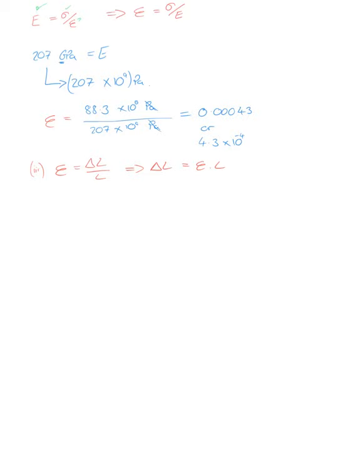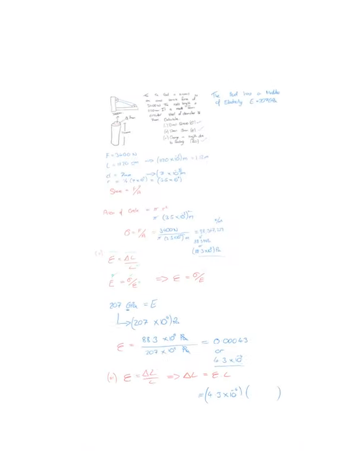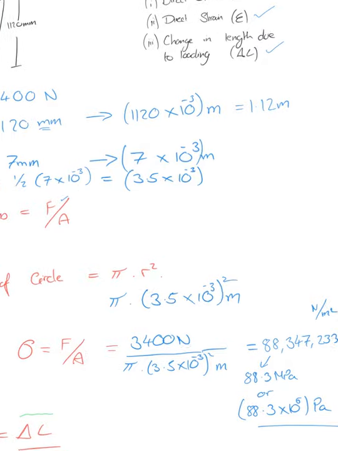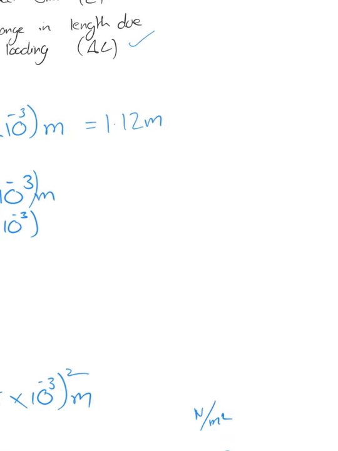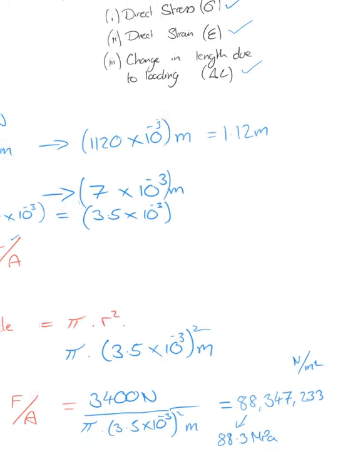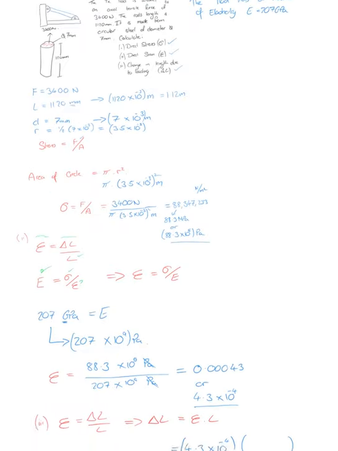So my strain value is equal to 4.3 by 10 to the power minus 4. There's no unit. My length was given to me in millimeters, 1,120 millimeters. I changed that to meters by multiplying by 10 to the minus 3. My length is 1.12 meters.